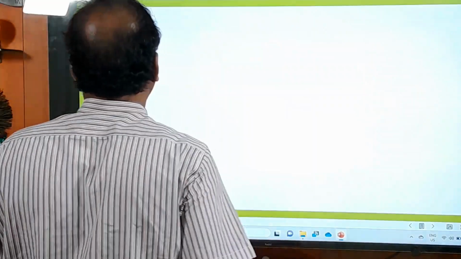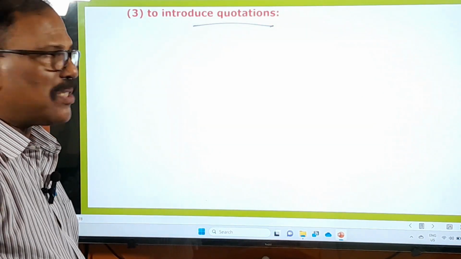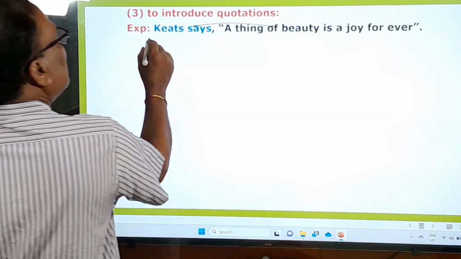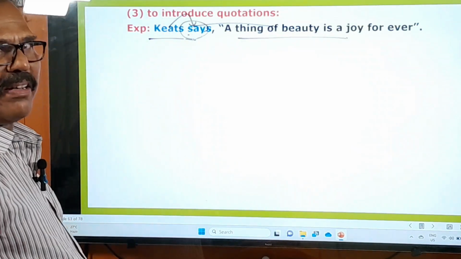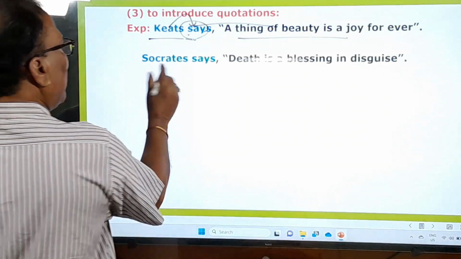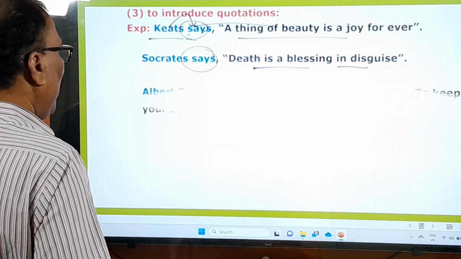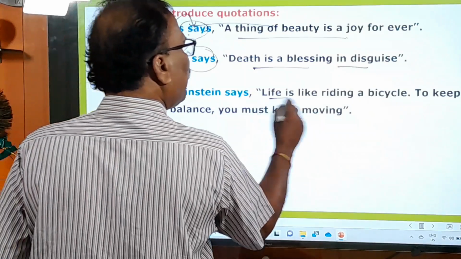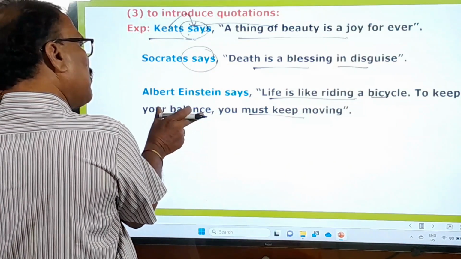Okay. Now, third one, to introduce quotations. To introduce quotations also we use the simple present. Keats says, a thing of beauty is a joy forever. You know that very well. Socrates says, death is a blessing in disguise. Albert Einstein says, life is like riding a bicycle. To keep your balance, you must keep riding.